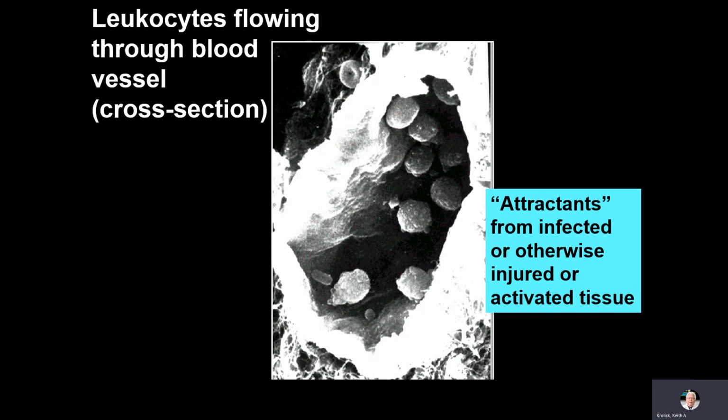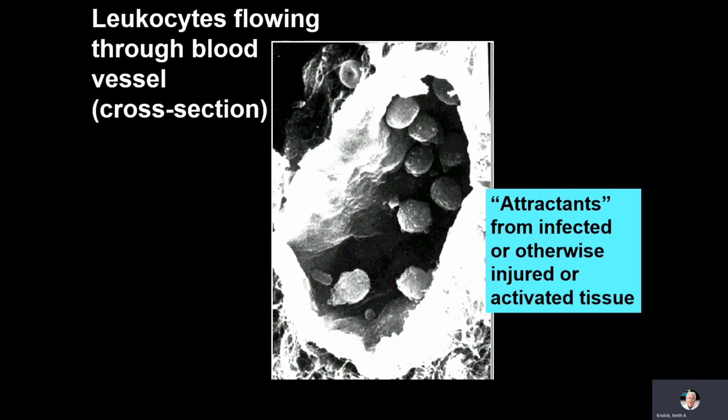At first, there isn't much of an effect observed, but then little by little, the leukocytes get slowed down and slowed down until finally they are starting to come to a stop. And during the last few seconds while they're coming to a stop, they literally roll along the inner wall of the blood vessel. Some people call it rolling adhesion.